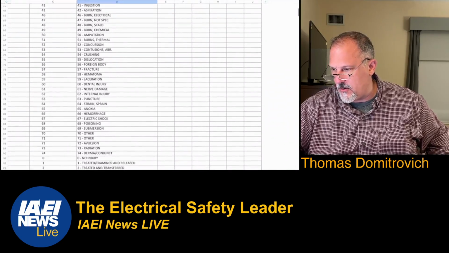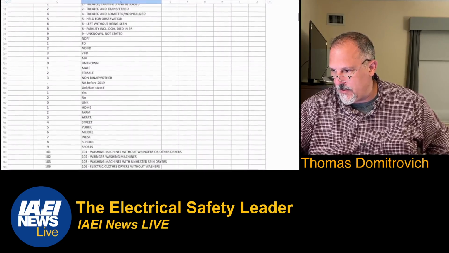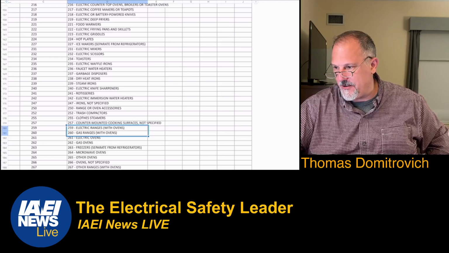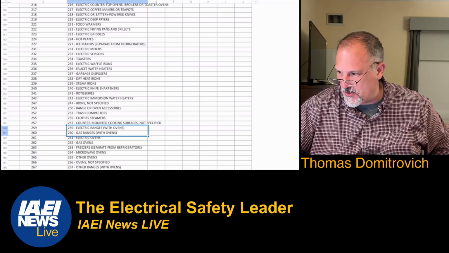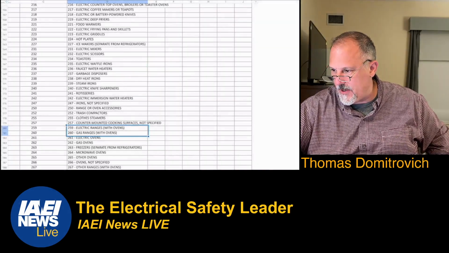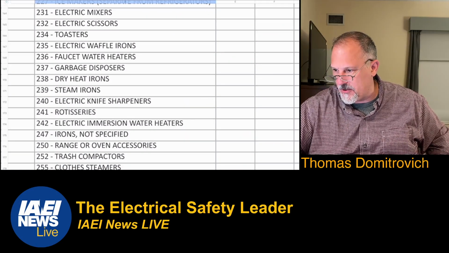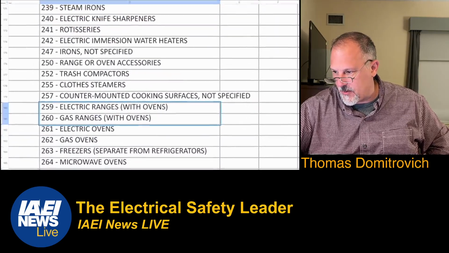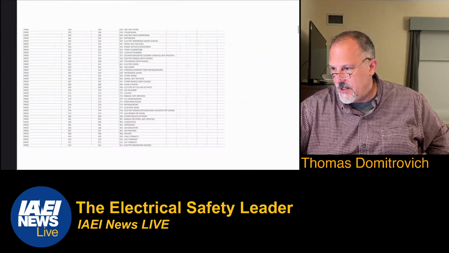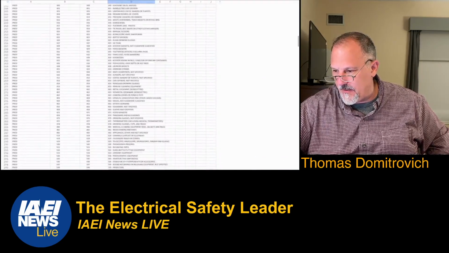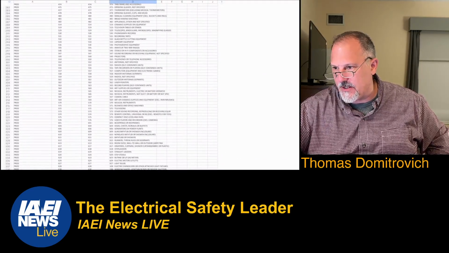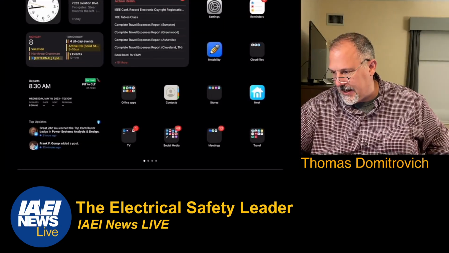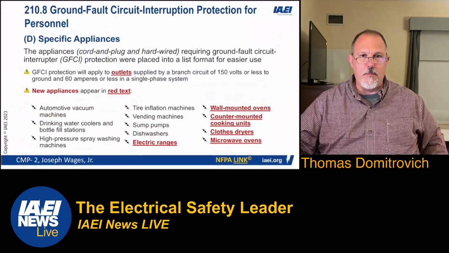I got burn, electrical, dental, radiation, toasters, waffle irons, garbage disposals, dry heat irons, steam irons. There's gas ranges with ovens, electric ranges. So we have all of the different products that cause the faults, but we don't have what I thought we were going to have. So in any case, we'd have to go back and redo the query.